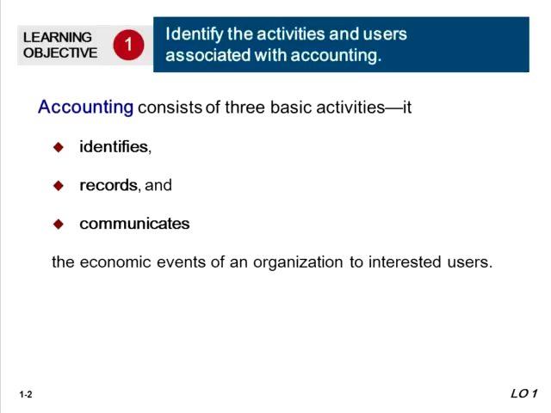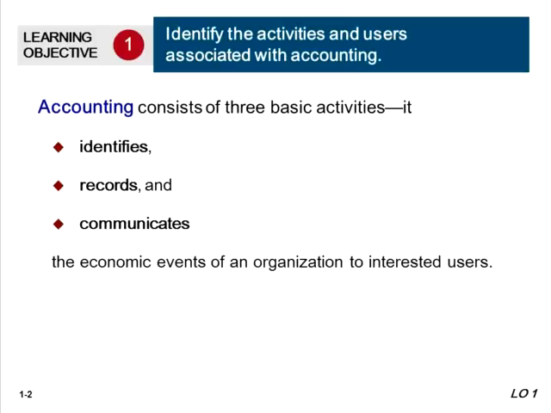Next slide explains the three basic activities of accounting. First of all, we're identifying transactions, whether it be a sale, purchase of equipment, payment of salaries expense. Once those transactions have been identified, then it is important for the accountant to determine what accounts will be affected by the transaction.